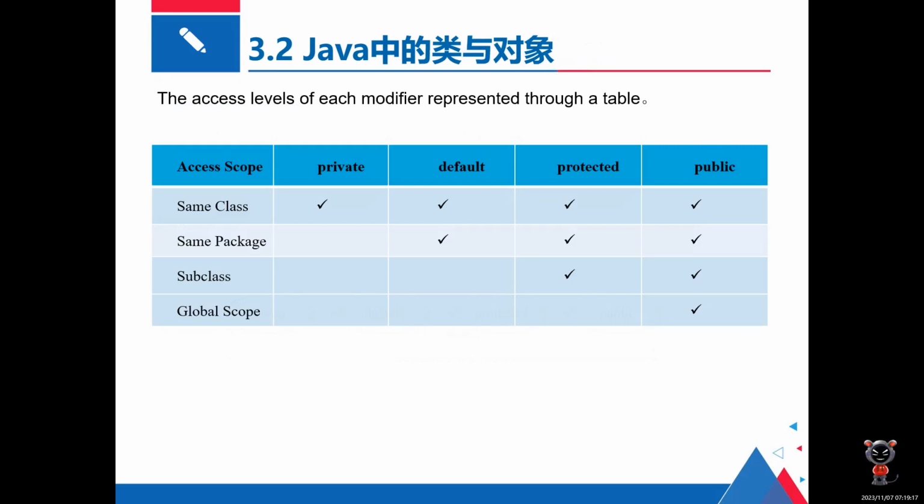By default, you can access a member variable inside the class and inside the same package. If you want to access a member variable or method within subclasses, you can use the protected access level. And lastly, for the global scope, we can use public as an access modifier in Java.